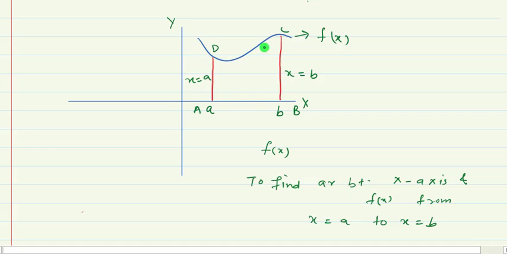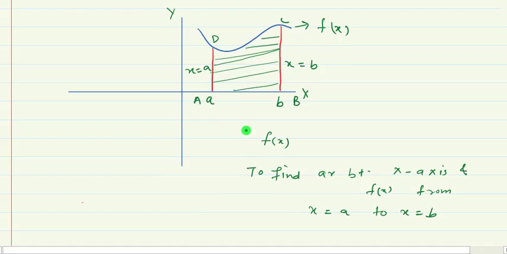So if we observe it carefully, then we will find out that this area which I am shading over here is the required area which satisfies the given condition. And this area is clearly lying above x-axis.